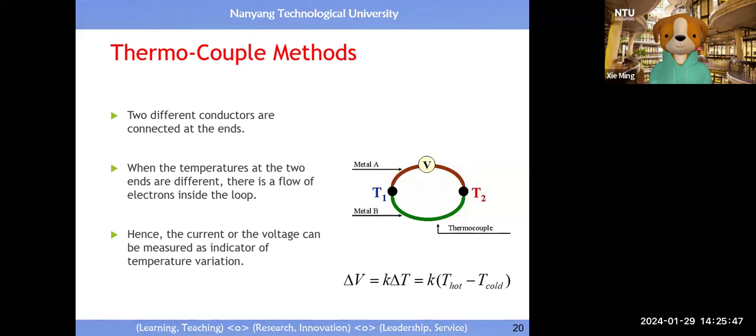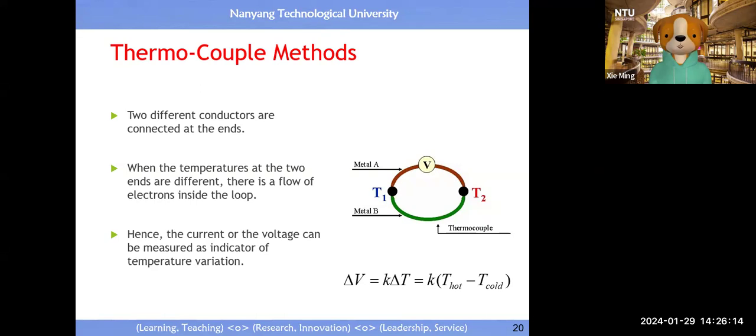of temperature sensor. So basically, it means we also have two pieces of metal, metal A, metal B, they have different properties. Then in this case, we form two junctions, the junction of T1 and the junction of T2. Then you will see when T1 is not equal to T2, a voltage builds up inside this loop, right?